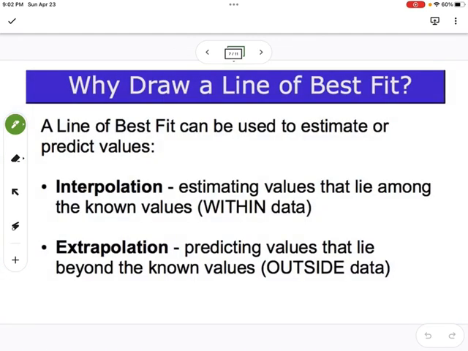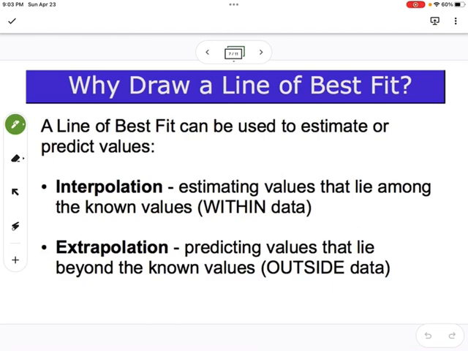Okay. So why are we creating a line of best fit? A line of best fit is to be able to estimate or predict values within the data set that we're given. Because it's not a specific linear graph, it's a scatter plot, those points are everywhere.